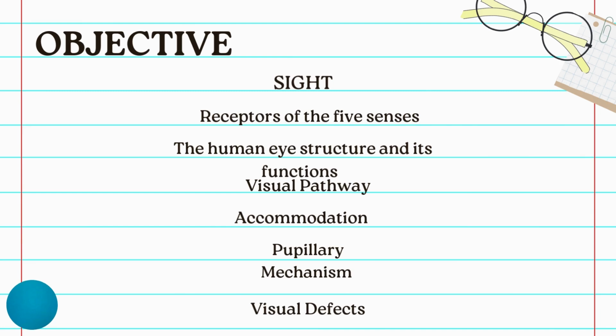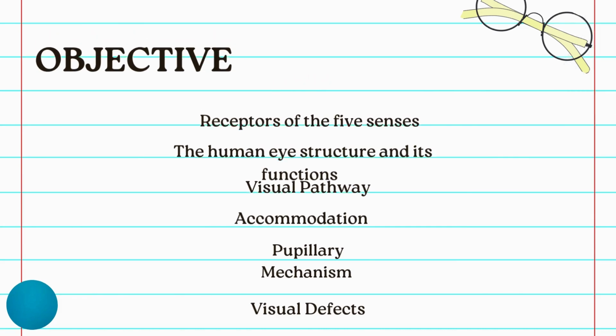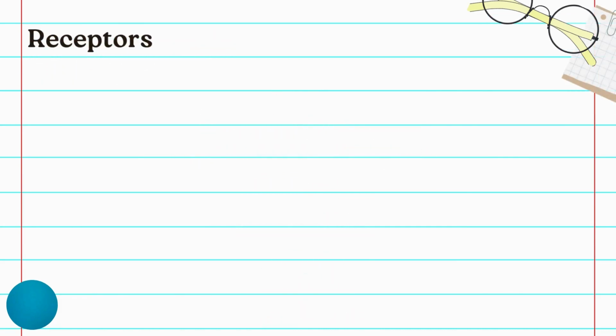So today we are going to be doing part 2 of the nervous system, and we're going to be looking at some receptors and also the functioning of your eyes, like how does your brain and your eyes enable you to see everything that you see in your daily life. So we're going to be looking at receptors, the structure of the human eye, its function, the visual pathway, accommodation mechanism, the pupillary mechanism, and vision. So let's get into it.